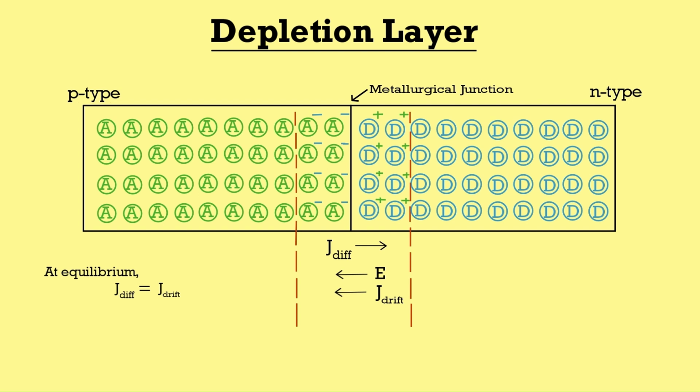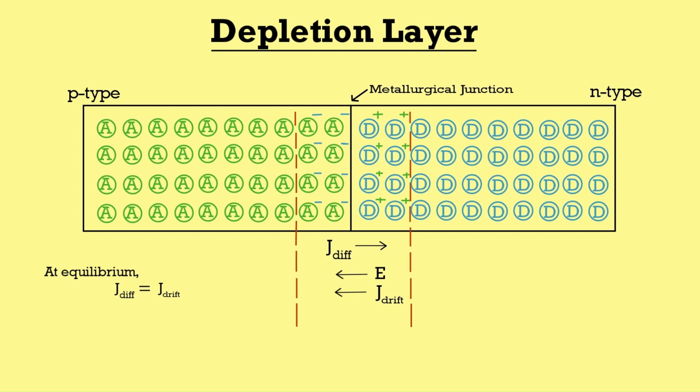Diffusion current remains comparatively constant. However, drift current will increase as the number of ionized dopant atoms increases. When the drift current is equal to diffusion current, no further transfer of charge carriers from either side takes place, and the phenomenon of equilibrium limits the length of the ionized dopant region.